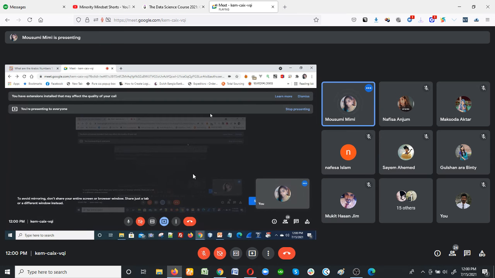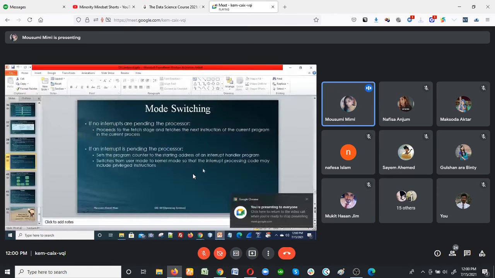My kernel mode is actually very much predictable, and the kernel finds out whether that application software is applicable for the user, or whether it causes any problem in my system. All these things are taken care of by the kernel mode.